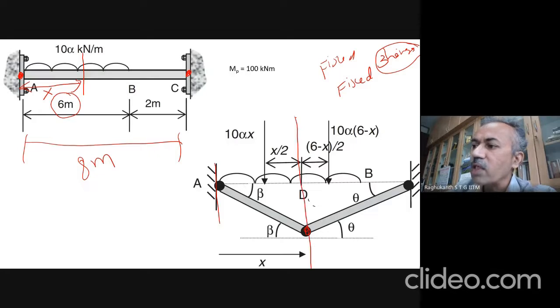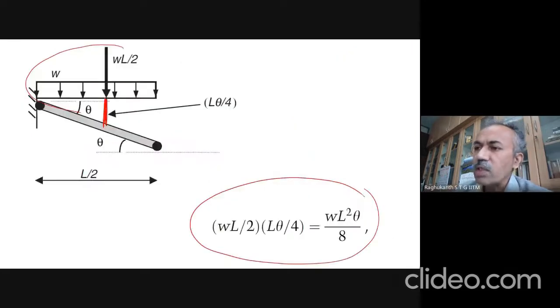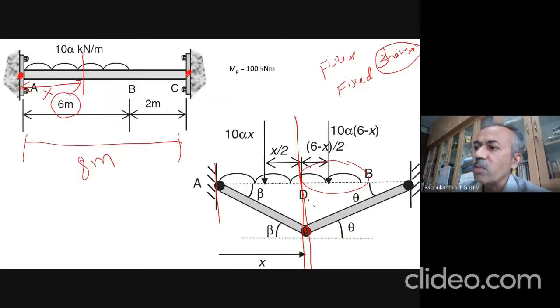Now you divide this load into two pieces. This piece is 10 alpha x, and the load is on this other portion also. To find the work done by the load, as I already told you, you can replace the distributed load with a concentrated load and find the deflection. So 10 alpha x acts at a distance of x by 2 from here.